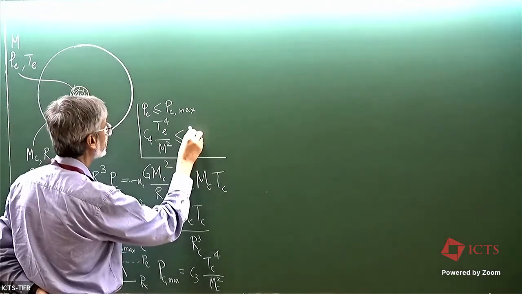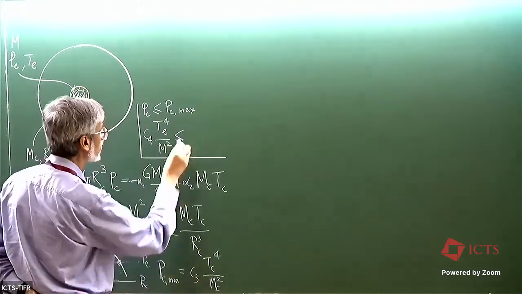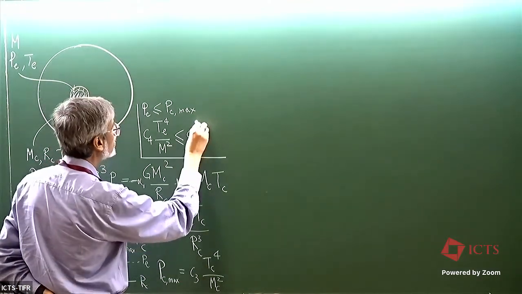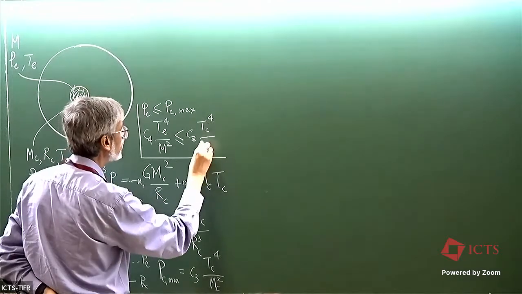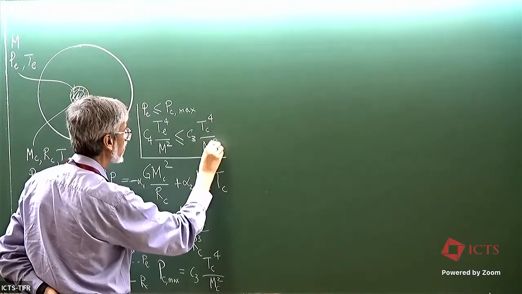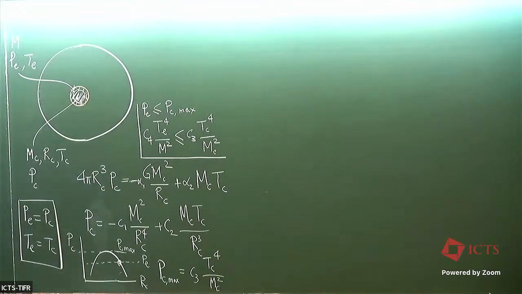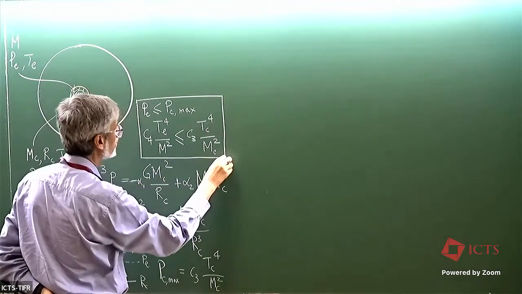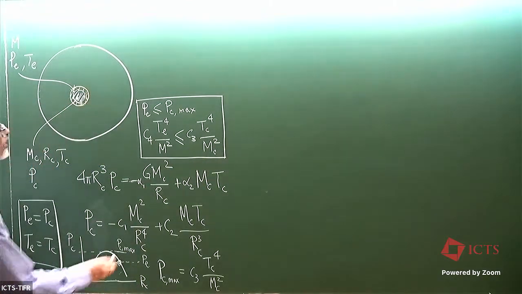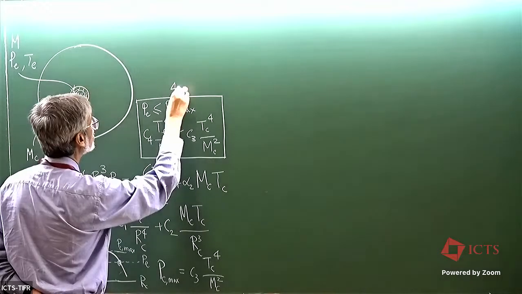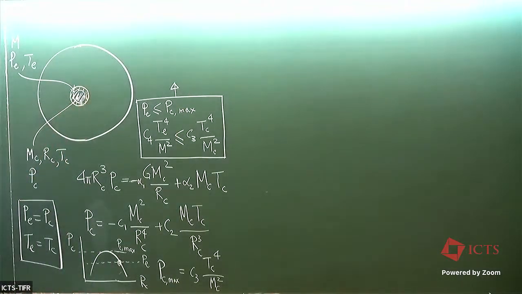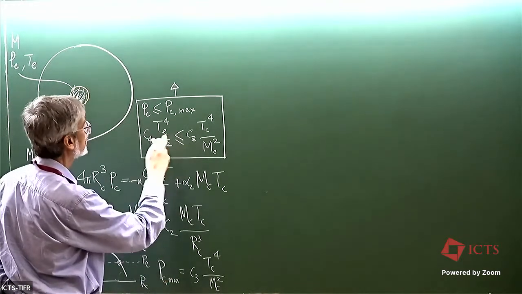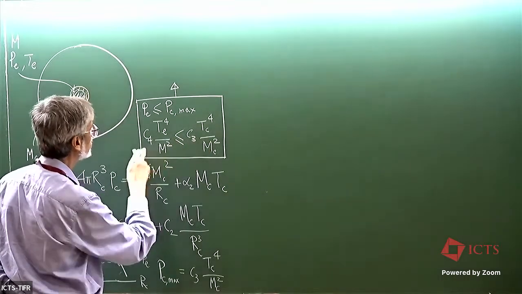This is less than or equal to this quantity C3 Tc to the power of 4 by mc squared. So this will then give me the condition for thermal stability of the core, with Te equal to Tc.